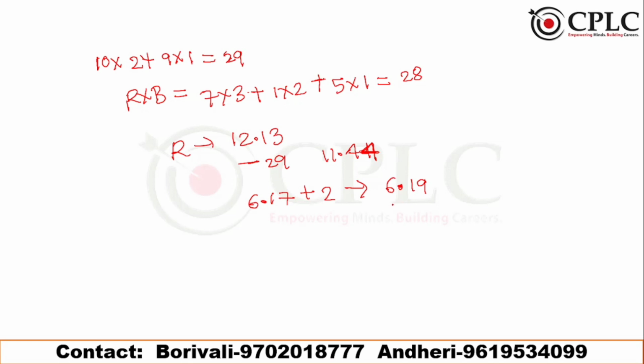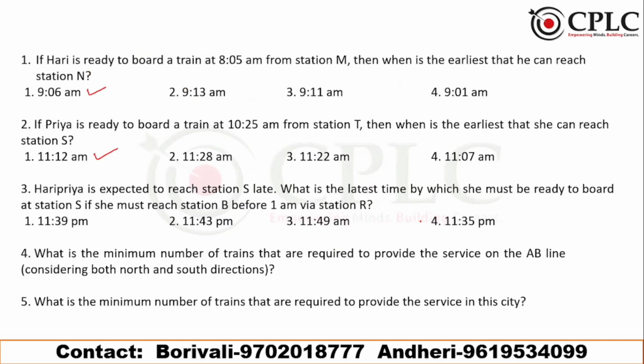Similarly, every 10 minutes there will be a train that starts in the east-west direction from N. So Haripriya should board a train which leaves S at 11:39. So 11:39 p.m. is where she should board the train basically, so that she reaches on time if she is going to be late. So 11:39 p.m. is going to be your answer for this particular question.